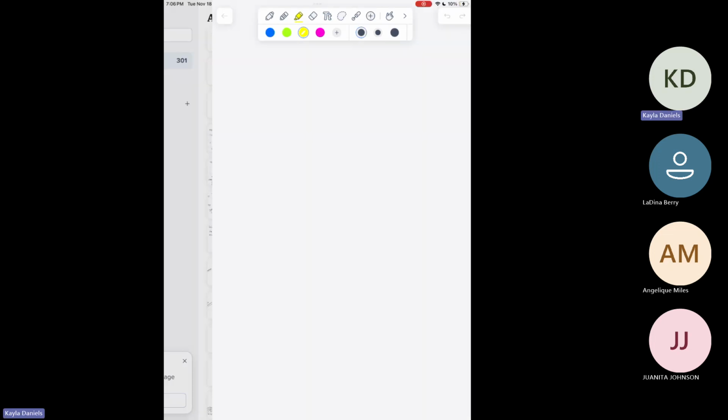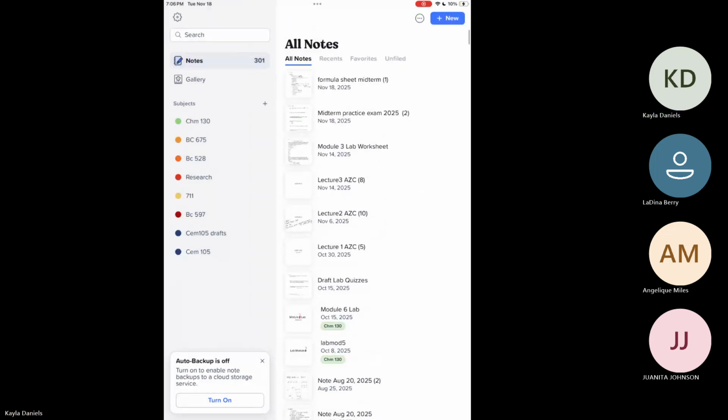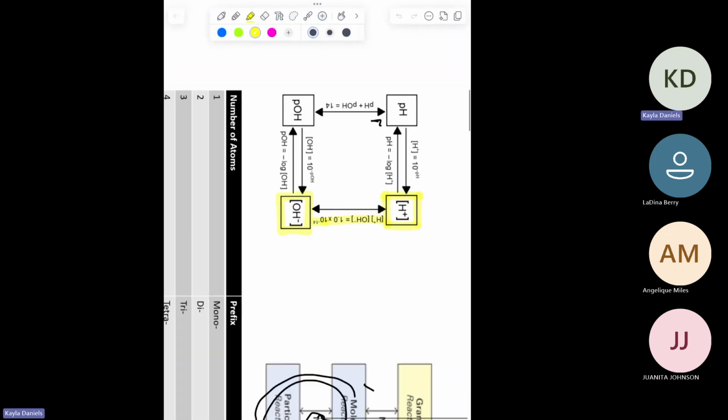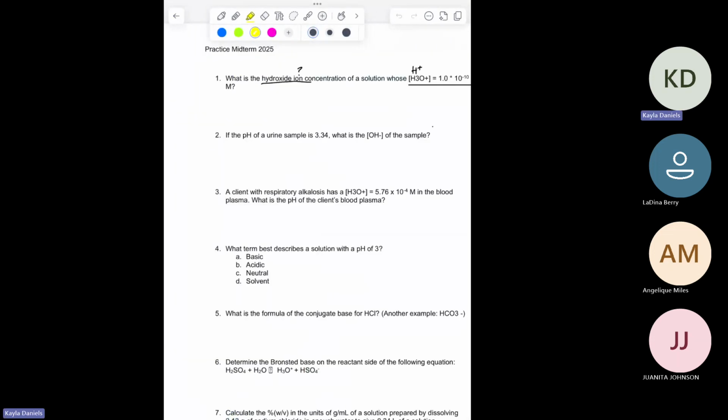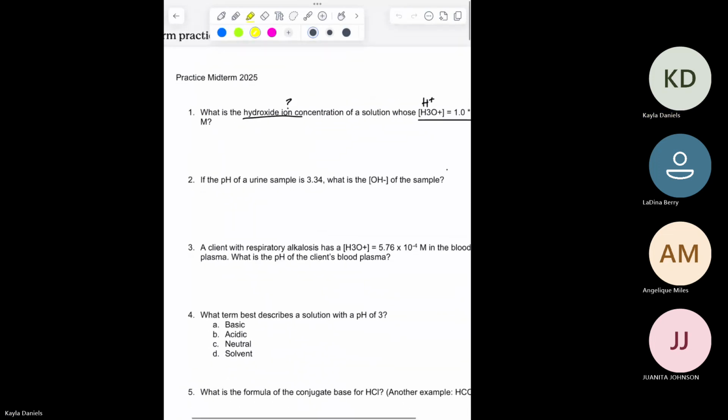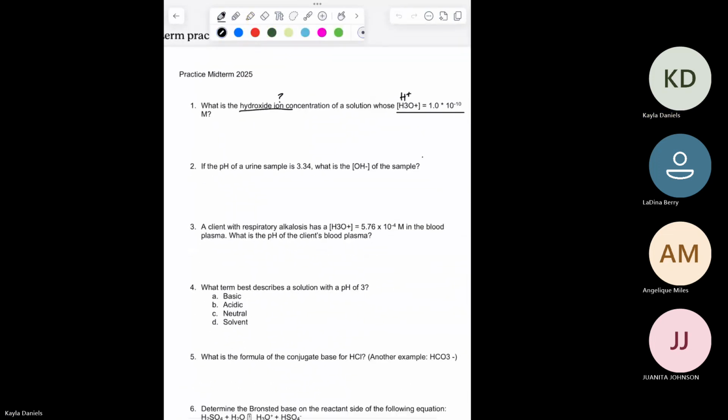So 1.0 times 10 to the negative 14th equals the OH concentration times the H plus. Hydroxide is OH, and that's my X, I don't know it. Here is my H plus.